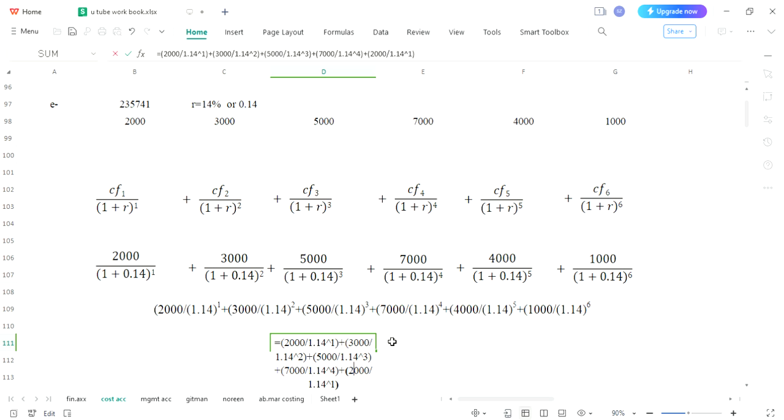After 7000 it was 4000, and it was your fifth value. Then you can see your sixth value.